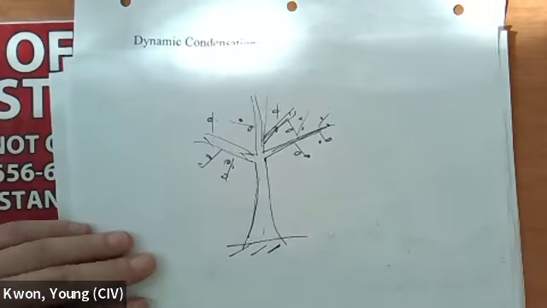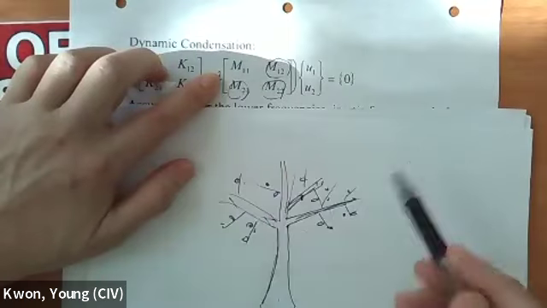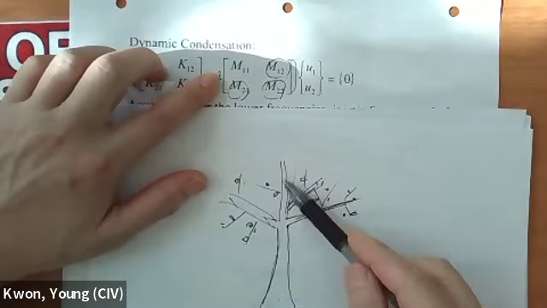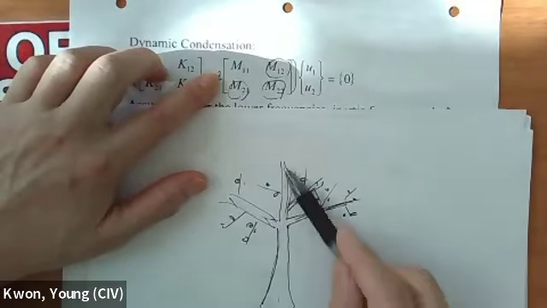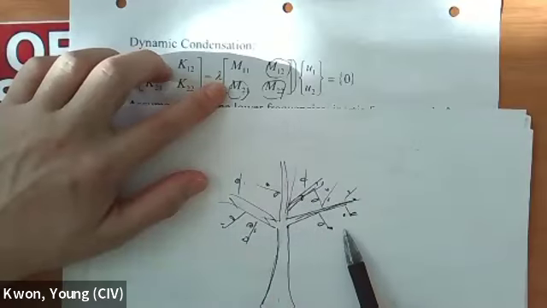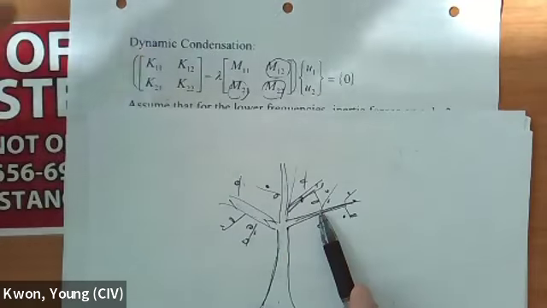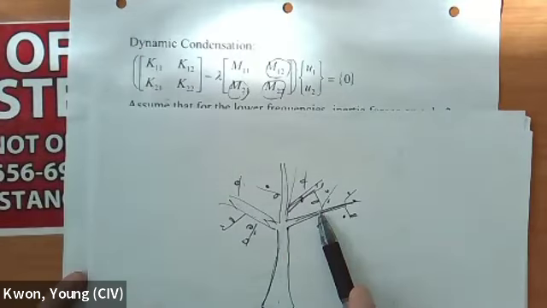So in that aspect, you can look at that in here. M1 is the mass of the trunk and major branches, okay? And those are the rest of them. Then you can ignore the rest of them, and you can solve the problem a little bit quicker using this dynamic condensation technique.